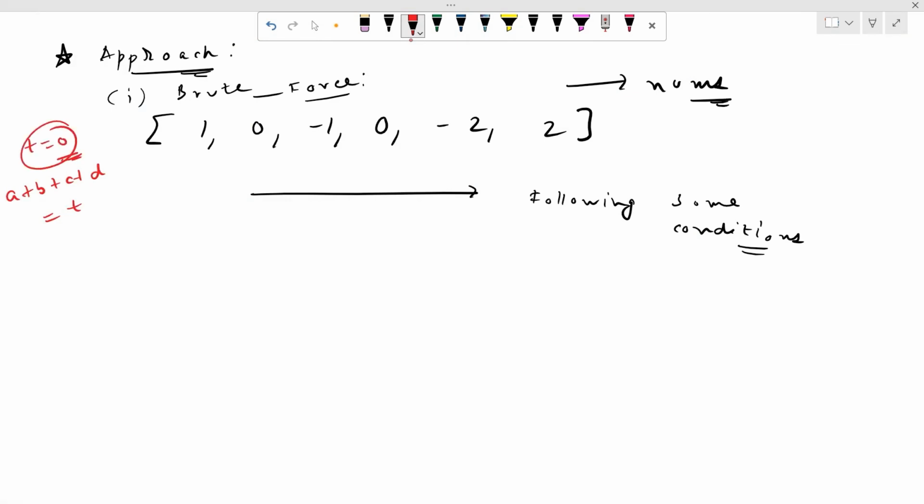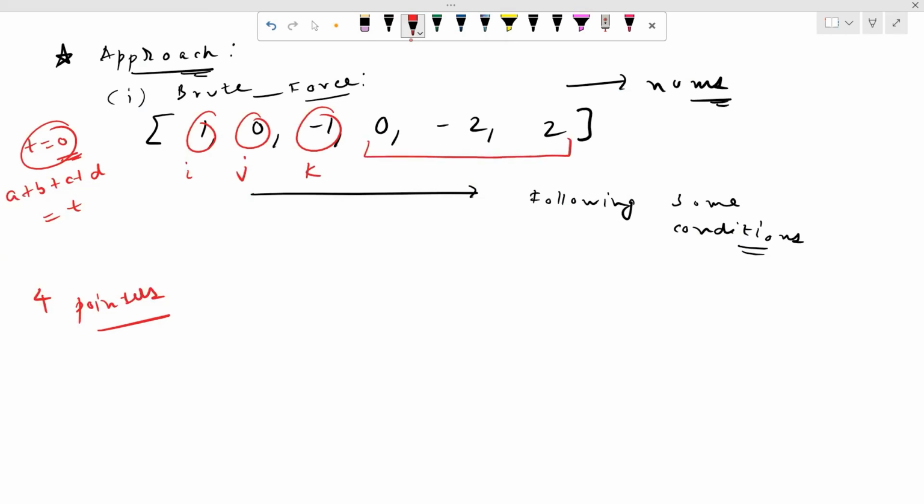So initially we'll have four pointers for traversing over the array, right? Because for traversing over the array, we need some pointers. Let's say I is pointing to this, J is pointing to this, and K is pointing to this.